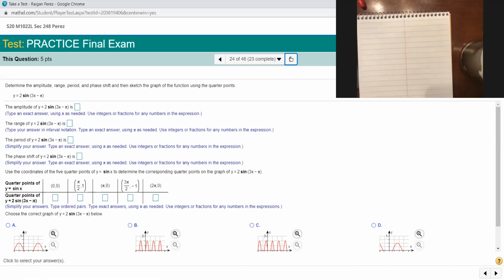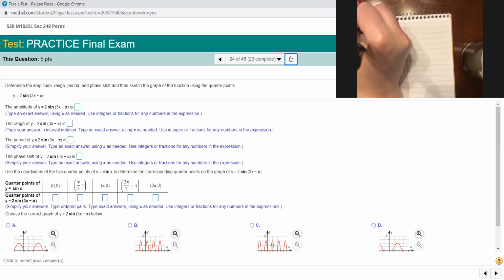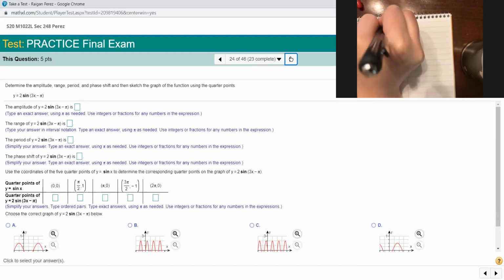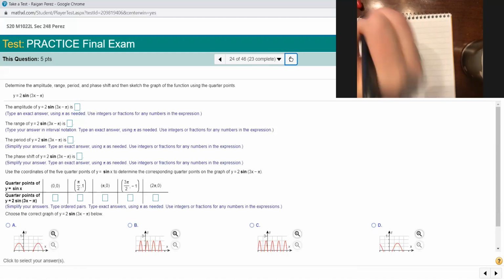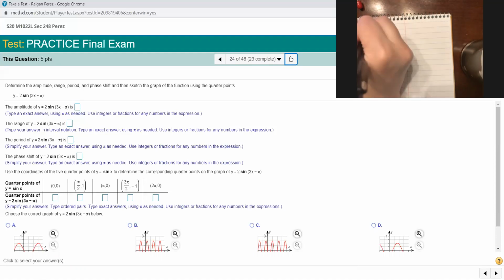Here we go. Determine the amplitude, range, period, and phase shift. So this is good because we probably should go over one of these. Okay, so 2 sine of 3x minus pi. And this is number 24. Okay, so my amplitude is 2.